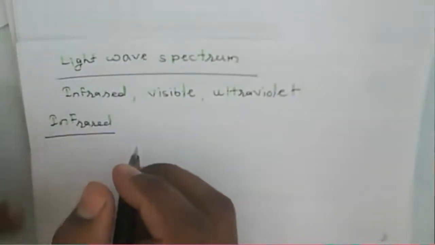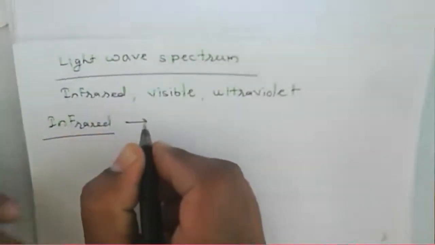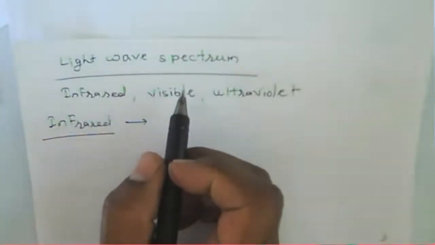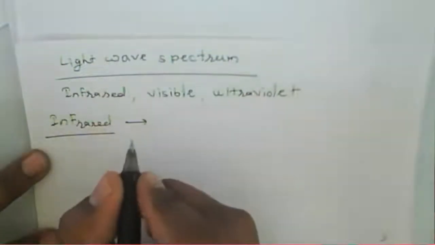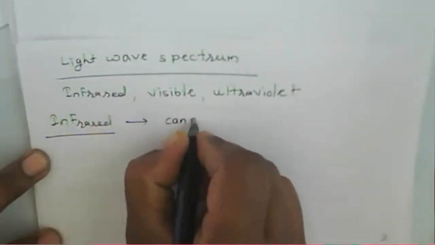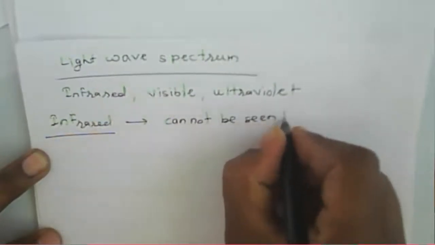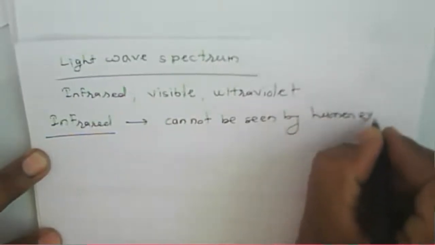Now, in the case of infrared, if you take an example of infrared, that infrared light wave cannot be seen by the human eye.